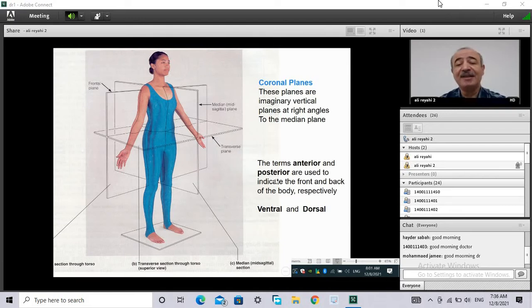I described the anterior and posterior terms, if you remember, and their equal terms like ventral and dorsal in the trunk area. In the trunk area we can use ventral for anterior, for example, or we can use dorsal equal to posterior, only in the trunk region.